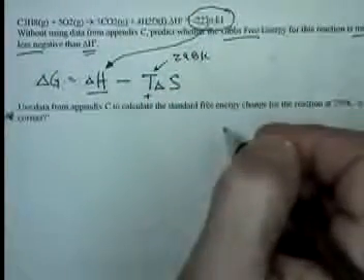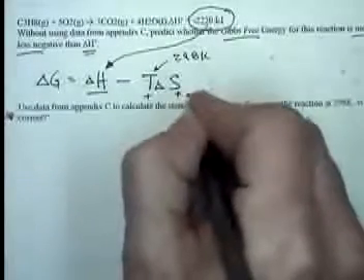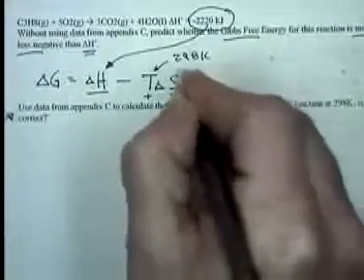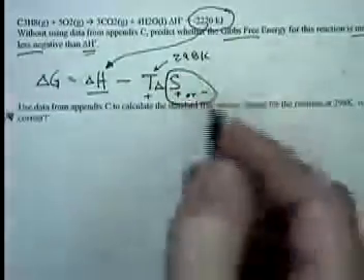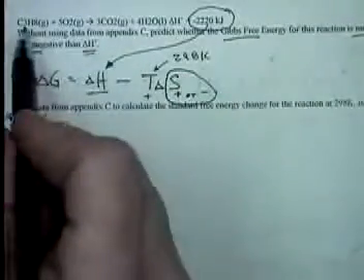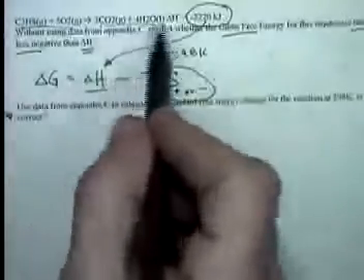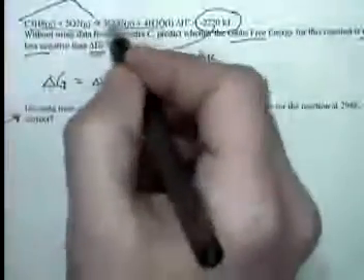And for delta S, the question is, is that going to be a positive number or a negative number? We need to qualitatively predict what is going to happen from the left side of the reaction to the right side. If you remember back earlier in this chapter, we looked at whether there is more or less organization going from one side to the other.